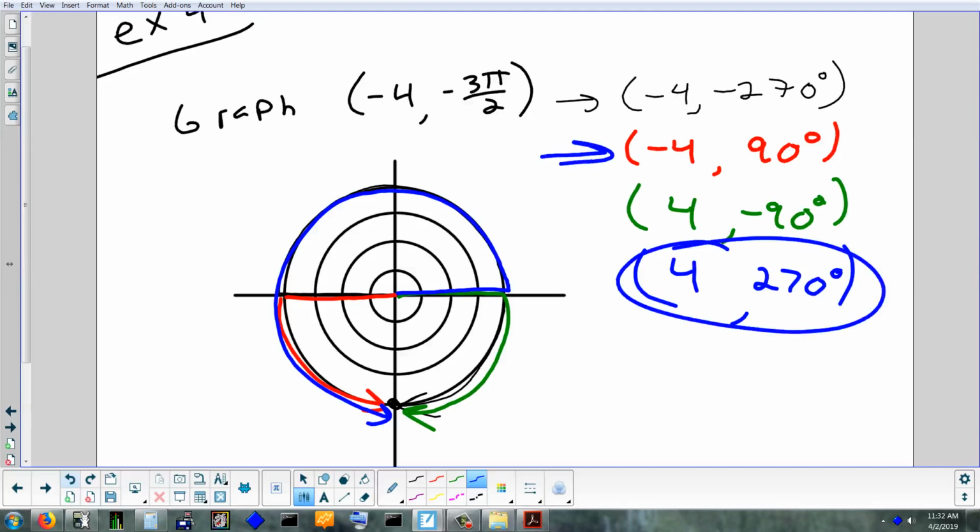I think that you could come up with formulas, like if you've got the negative, just add 360 and that'll give you the positive. Or you could probably figure out shortcuts for all of them. But for me, I always find it easier to just look visually, and then I can just see which way to go. But there are formulas you could come up with. Any questions on all those?